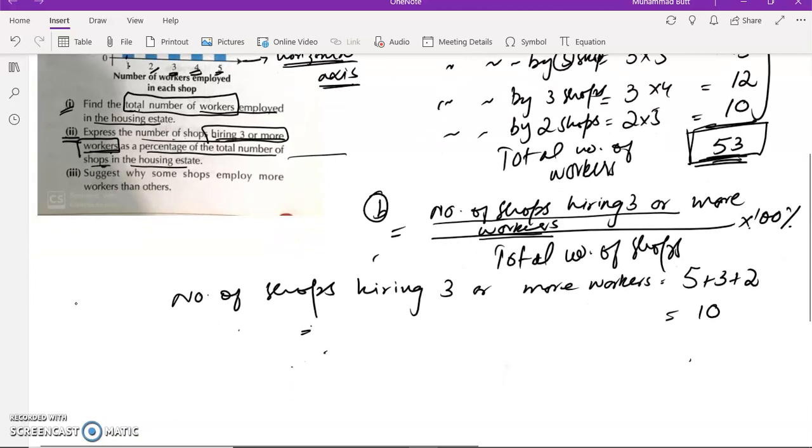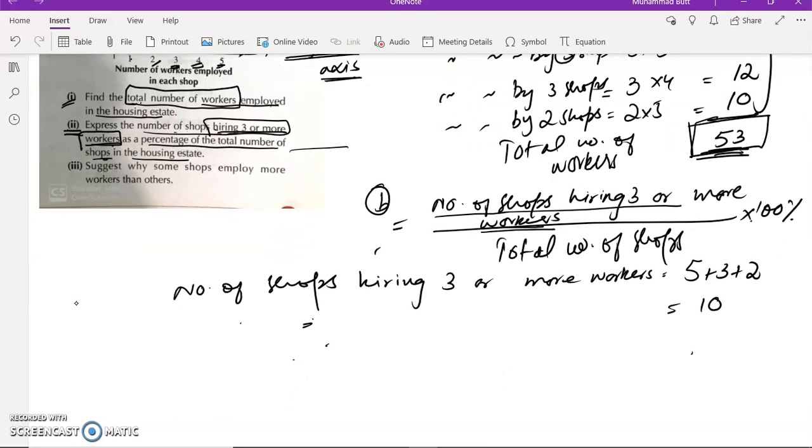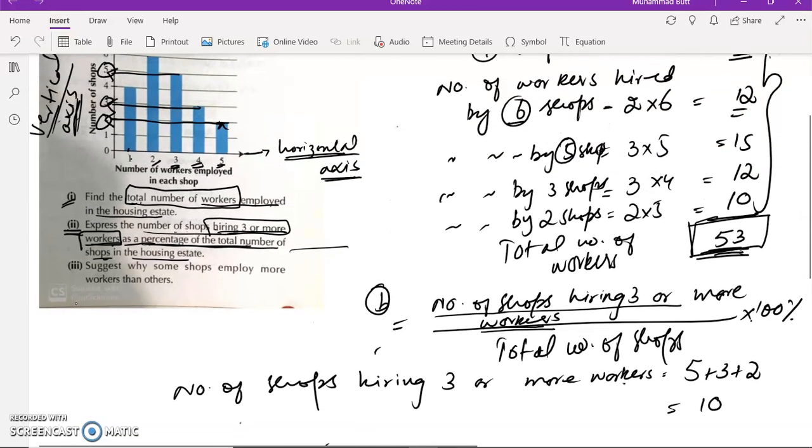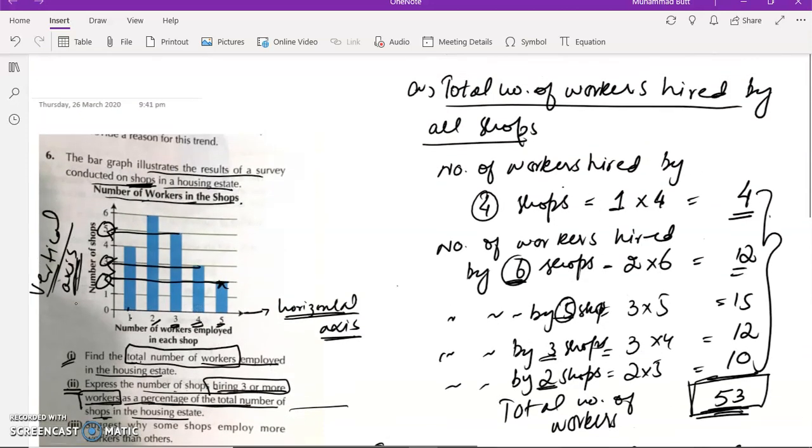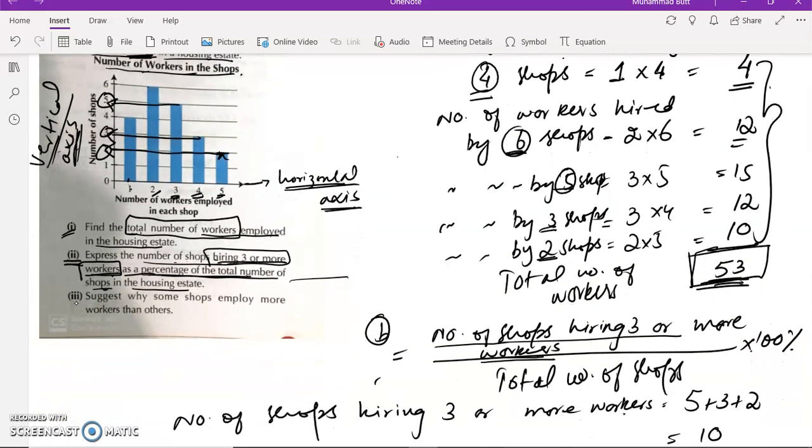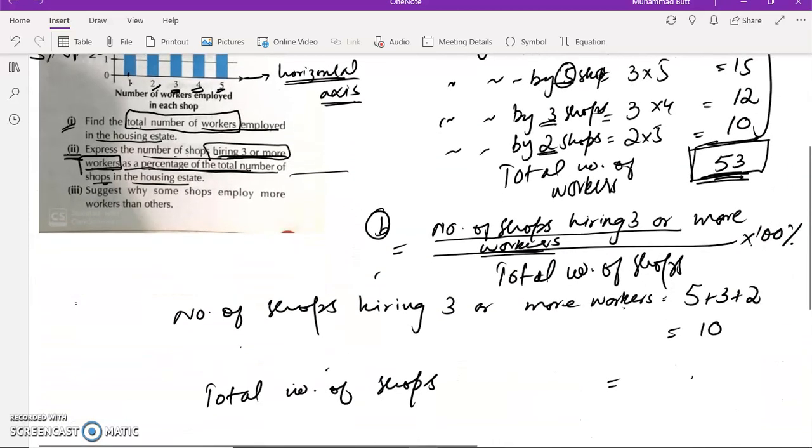Now we have to find out the total number of shops, because we have to calculate the percentage of the number of shops hiring 3 or more workers as a percentage of the total number of shops. In part A, we have mentioned the number of shops in each step: 4, 6, 5, 3, 2, and we can add all these numbers.